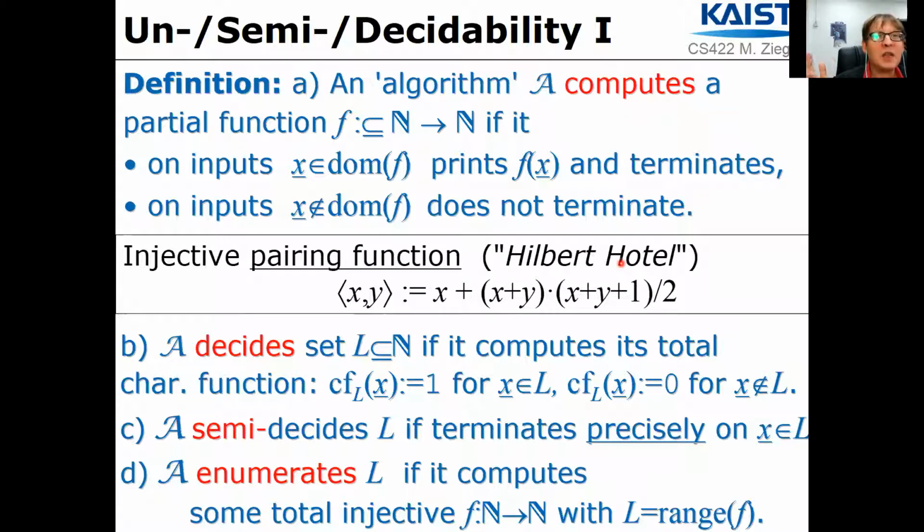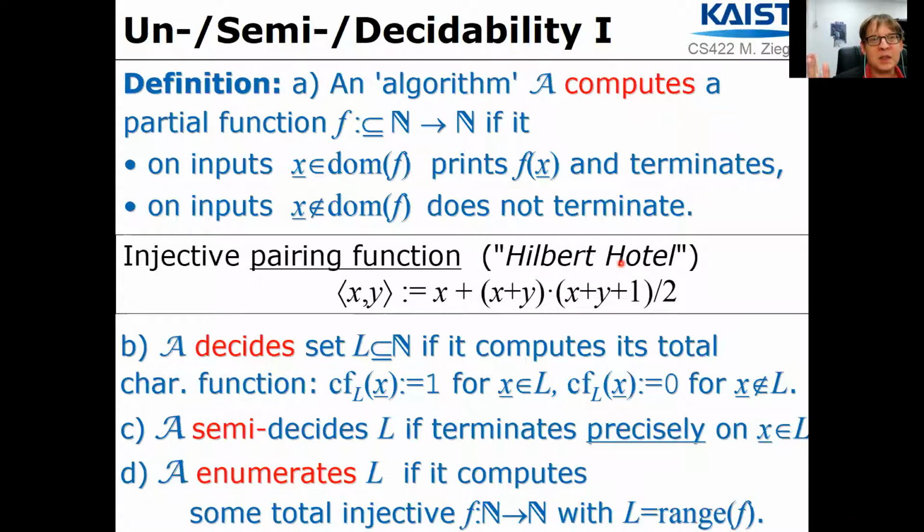So Hilbert's Hotel has countably infinitely many guests, but it's fully occupied. And now a bus comes, which also has countably infinitely many guests. How can the clerk of Hilbert Hotel accommodate all these new guests?